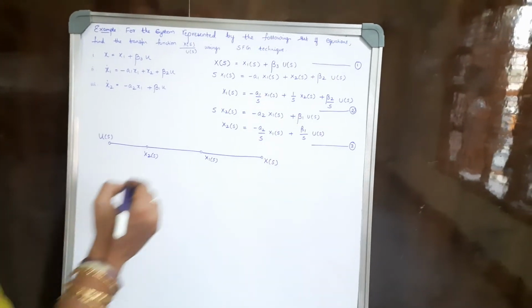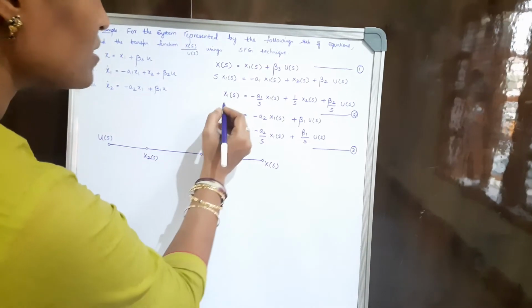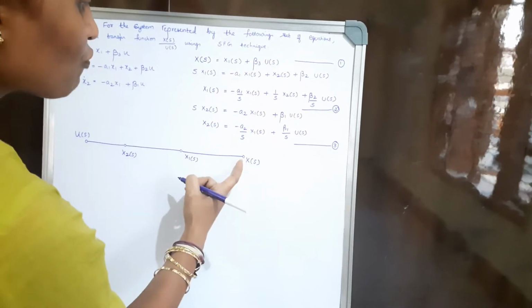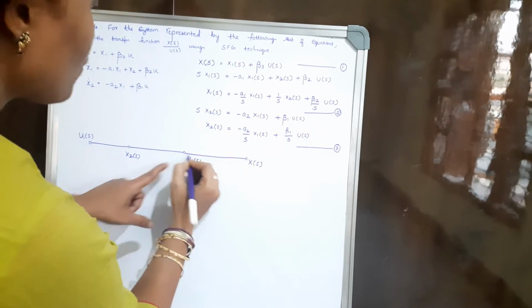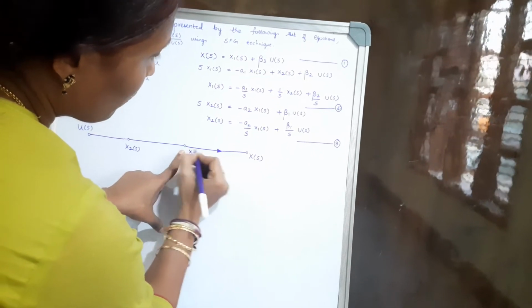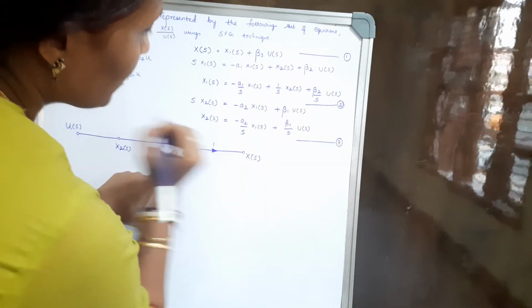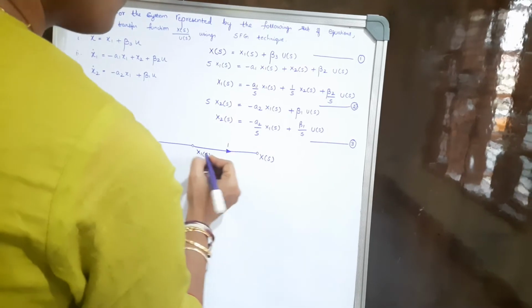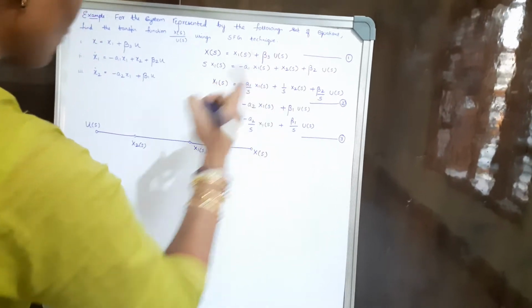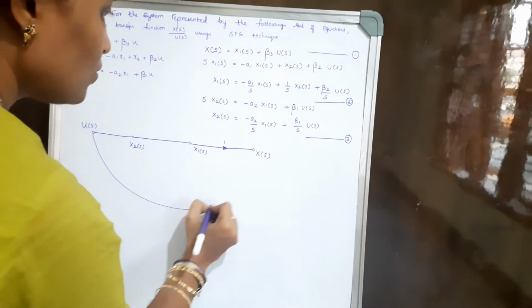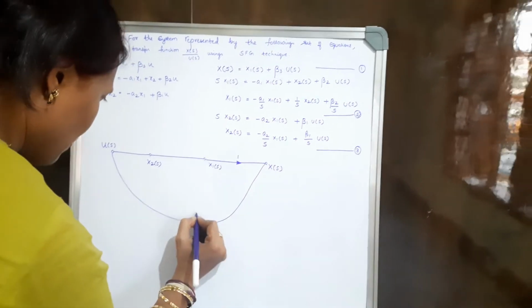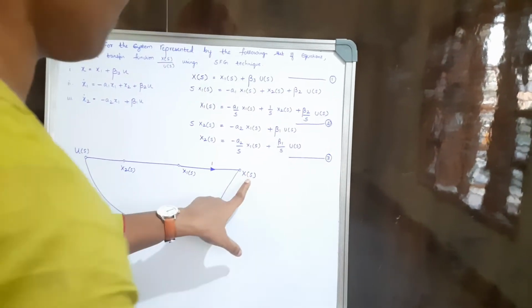Now, first and foremost, let's concentrate on X(s). X(s) is formed from X1(s), so the direction will be in this form, from X1(s) to here, with the gain being 1 because nothing is there. So X(s) is formed as X1(s) plus β3 into U(s). U(s) is here, so I draw the branch in this direction, and this gain is β3.